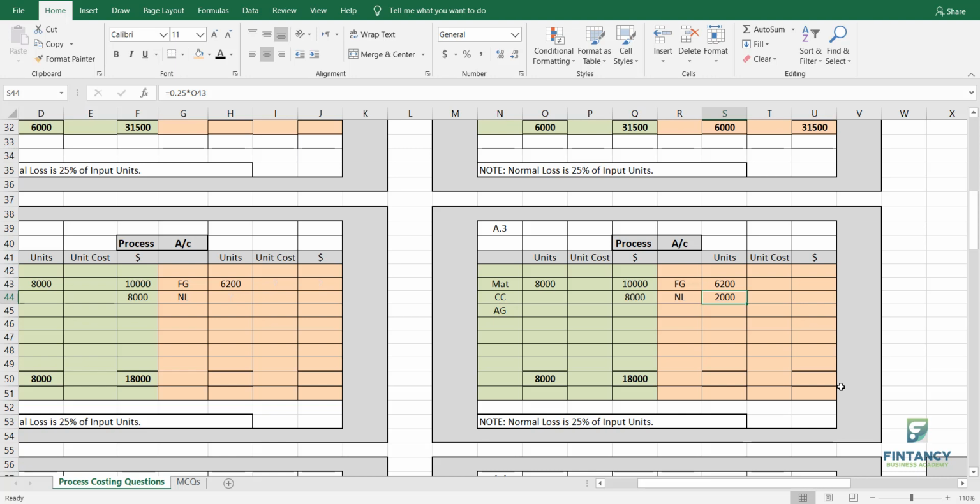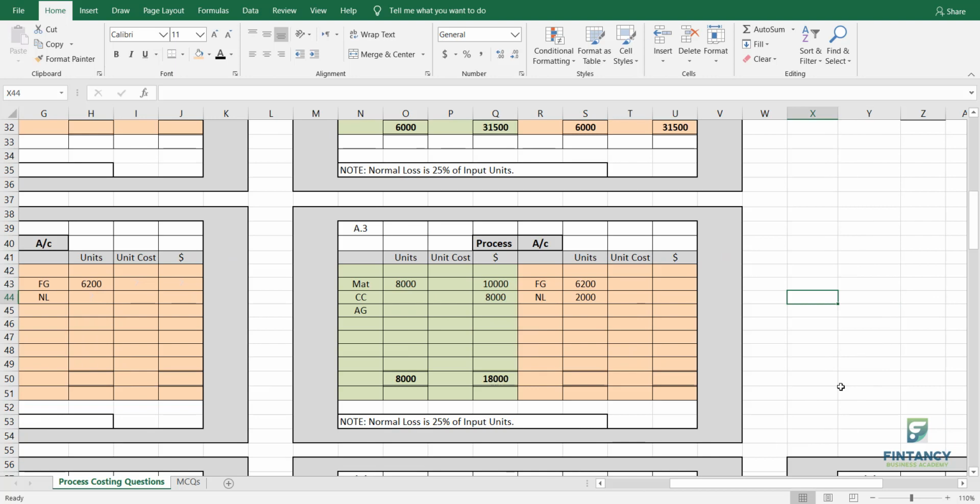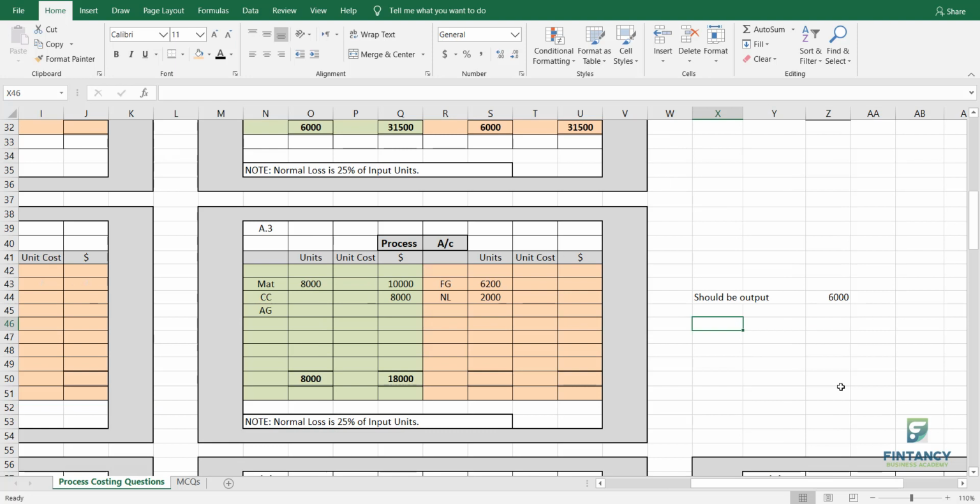How much should be output? 6,000. How much should be output? 6,000, right? But how much is actual output?